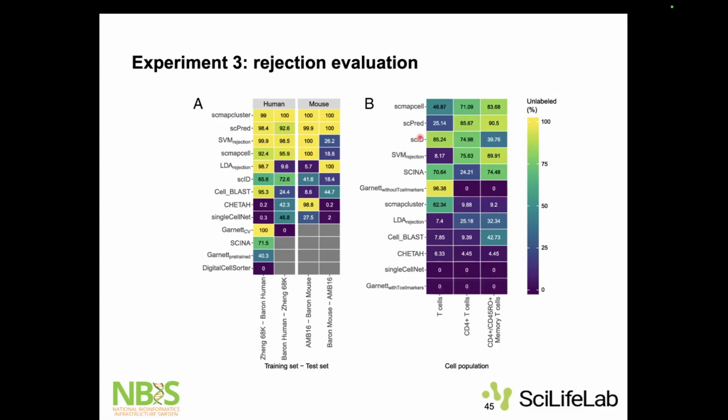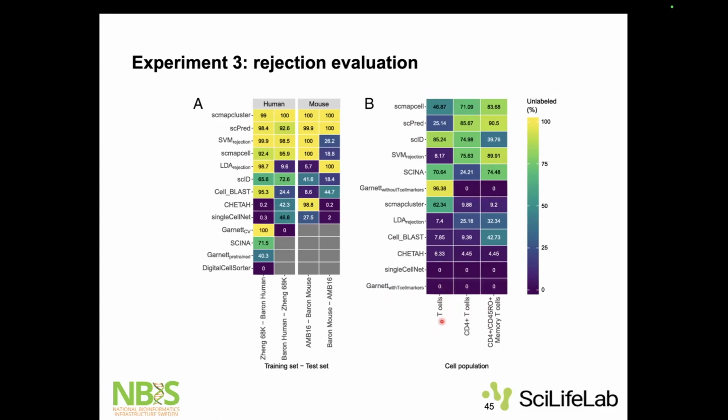To make it a more realistic scenario, like ones we sometimes have in cell annotation, they left out, for example, T cells. Sometimes the classifier is trained on the standard data sets, and then we have our own data set that lacks a certain cell type.